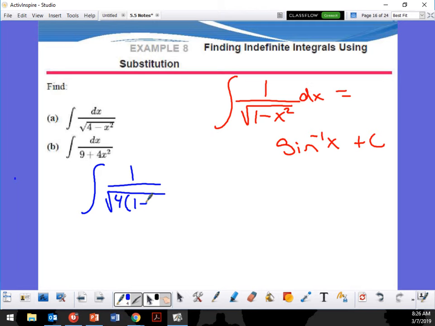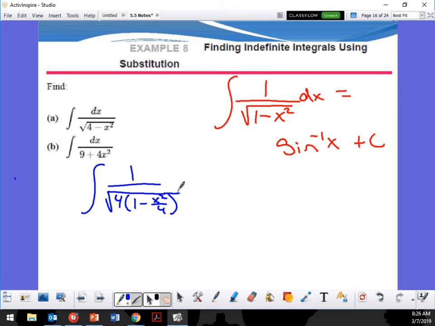I'm dividing by 4 though, right? Because I have to factor it out. Over 4. Right? Because I have to have a 1 here. This thing right here is just going to end up being a square, and I'm going to figure out what that's going to be here in a second.